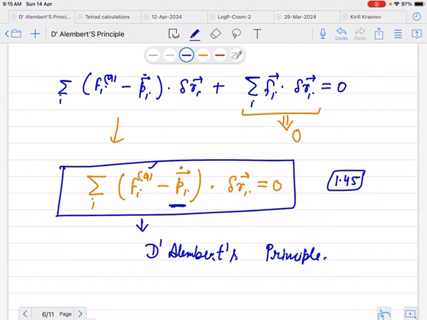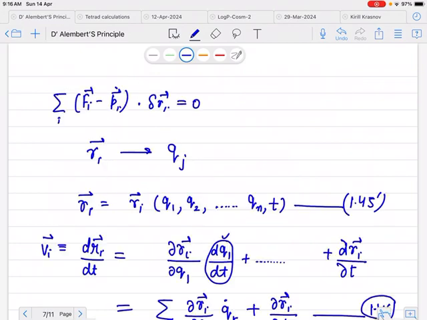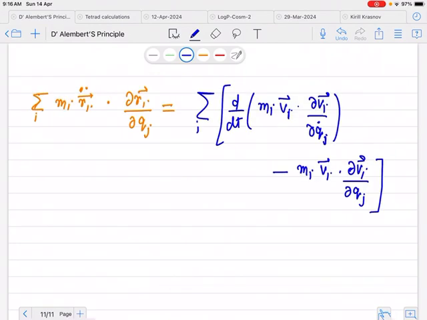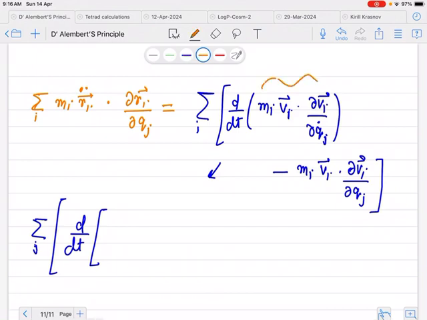See, using the previous equation, be alert in each and every step: d over dt total derivative, and this whole expression is what?